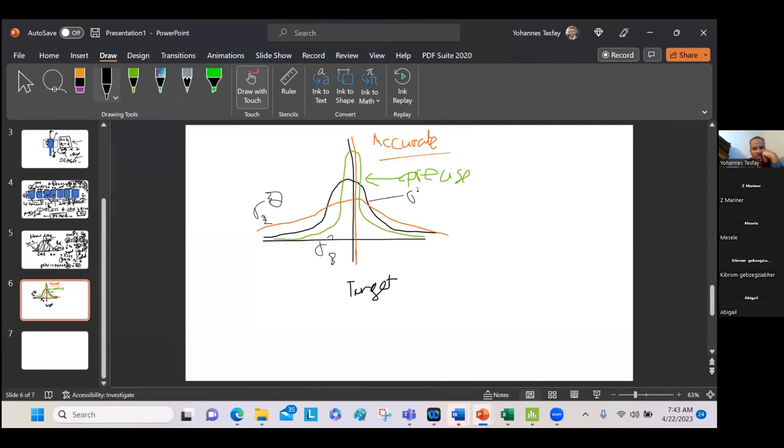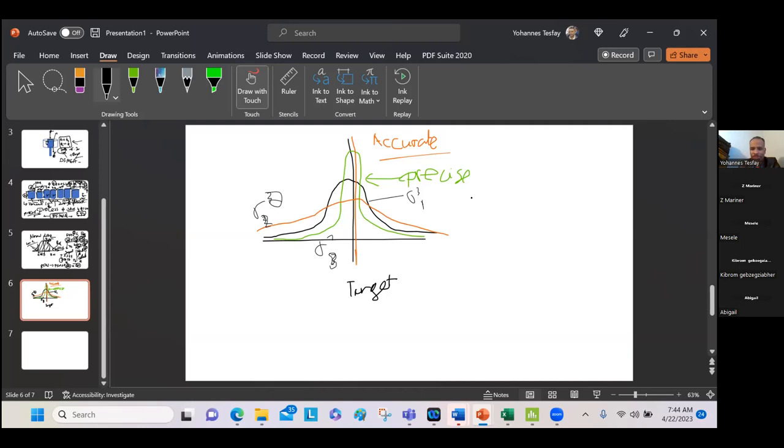This is sigma square just 1, okay? Just like that. So in this scenario, this is 2, this is 3, and this is 1. So what's going to be the order?